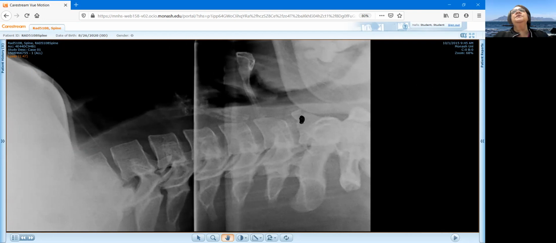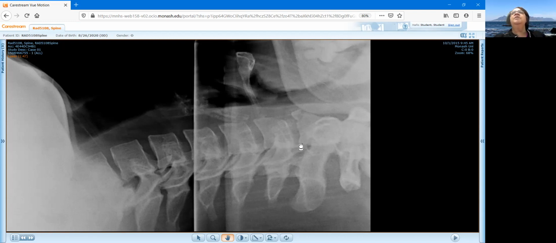There's also some prevertebral soft tissue swelling. If we look at the alignment, the anterior vertebral line is more or less intact, but there is a slight step in the posterior vertebral line between C2 and C3.